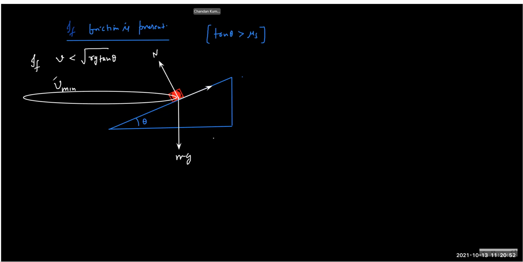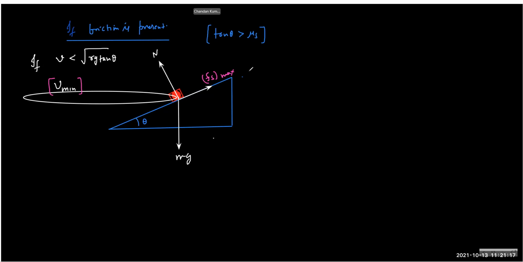So I'm looking for the minimum velocity with which I can drive on the track. So minimum is definitely less than this value. So I will push the friction to its limit, because if the limiting friction can balance, that is the lowest value I can drive with.